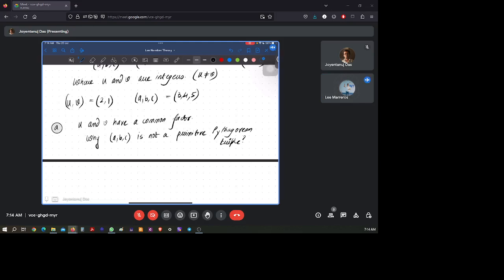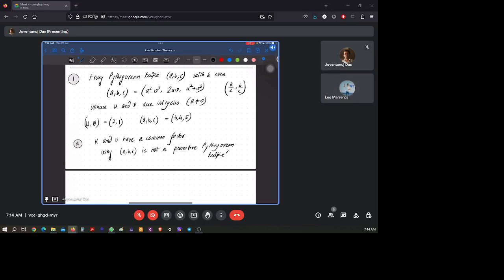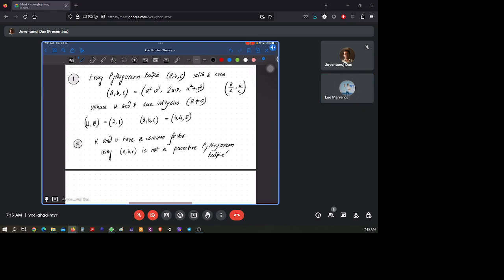Okay, so this is the question. Let's try this one. If u and v have a common factor, explain why a, b and c will not be a primitive Pythagorean triplet. So primitive means the GCD of a, b, c has to be 1. Now, the GCD of u and v is not 1.